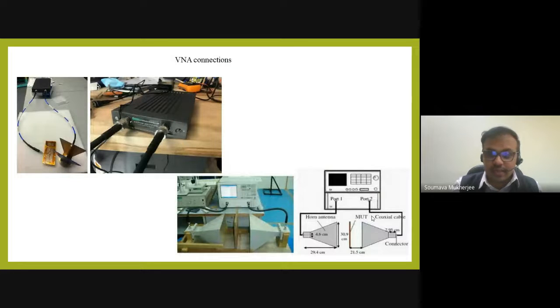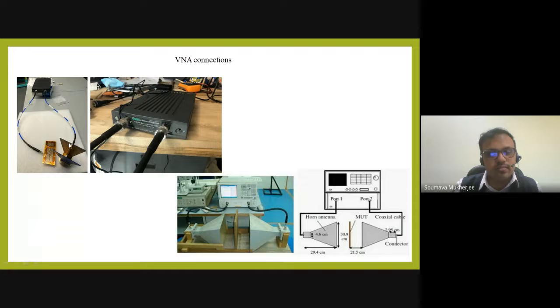As I said, nowadays VNAs are also coming in a very pocket-handling mode. There are two types of VNAs you will find. One is very bulky in nature, which you have to put on a table, and the other is very small like this. These are nowadays starting to come at very low cost, very low profile.